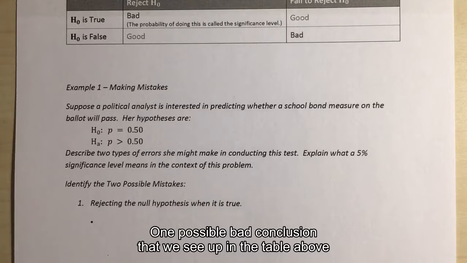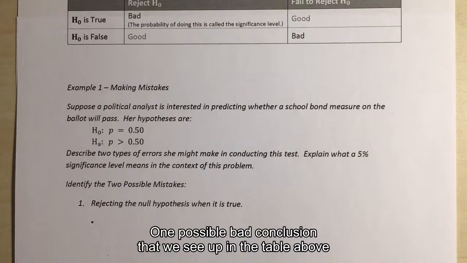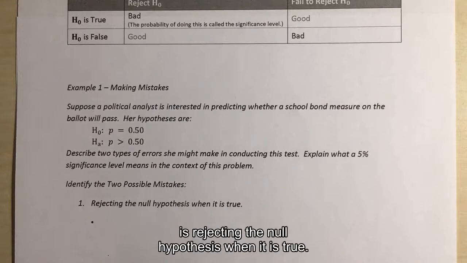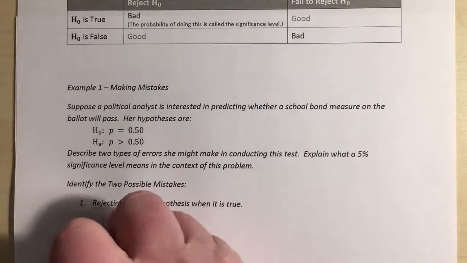All right, so one possible bad conclusion that we see up in the table above is rejecting the null hypothesis when it is true.